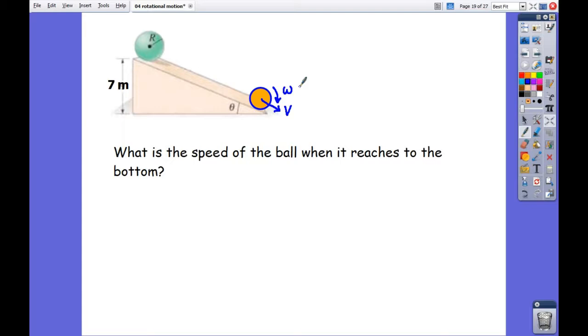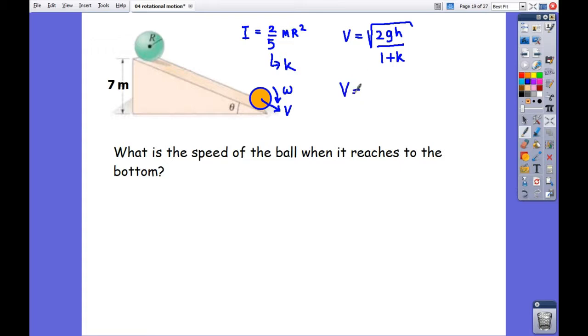As we know before, the moment of inertia of the sphere is 2/5 mr squared. And from the previous video, we know that the velocity at the bottom of an inclined plane is the square root of 2gh over 1 plus k. Here we have k equal to 2/5.